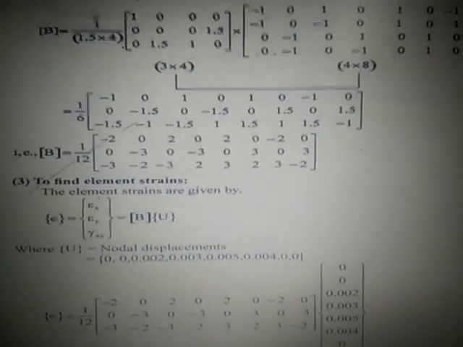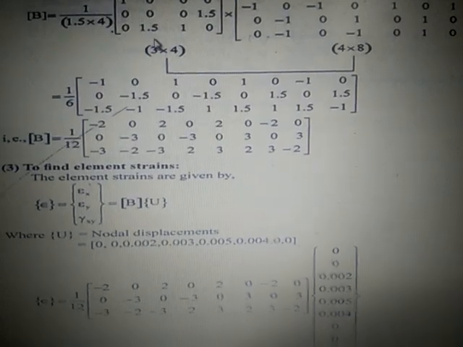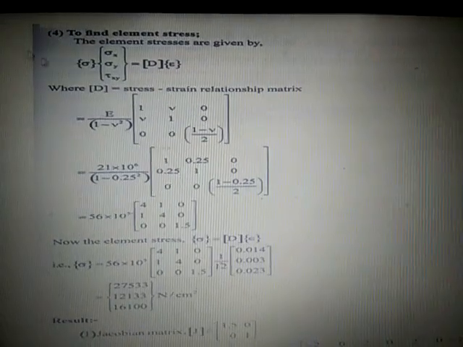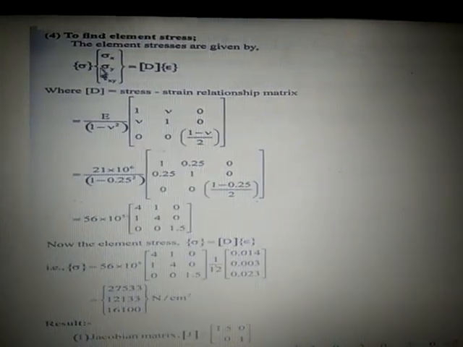Now the B matrix you are getting here and here. This is the nodal element strain epsilon, and to find the element stresses, sigma is D epsilon, where D is the stress-strain relationship, always a standard one.